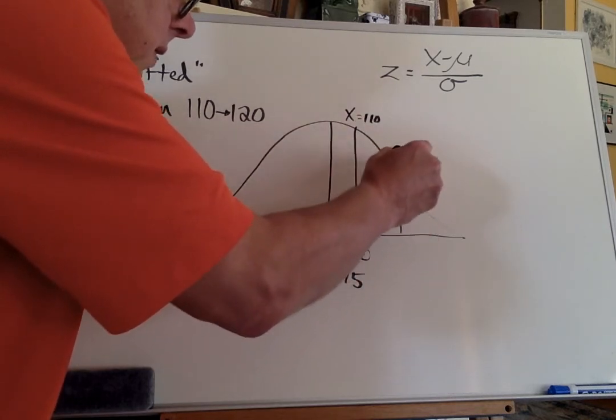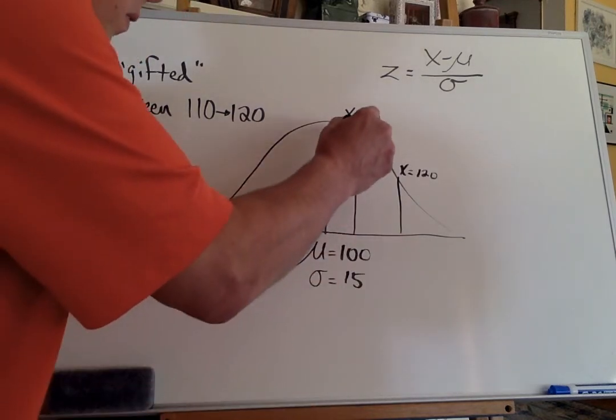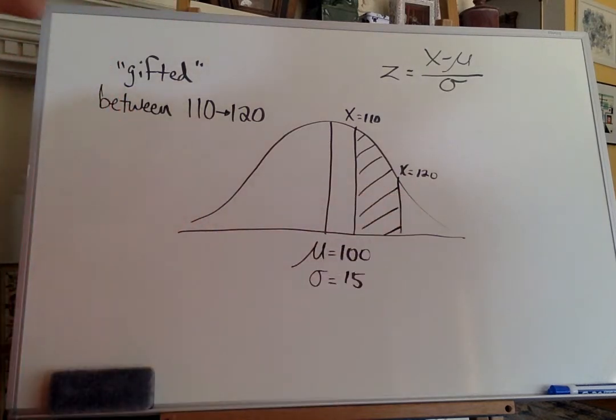Here is my x of 120. So this is the proportion of the curve. This is the percentage of the blocks that I'm asking about.